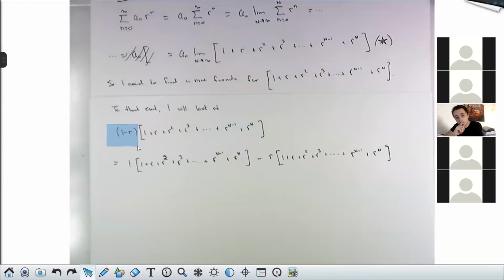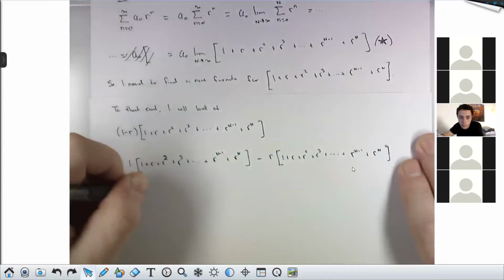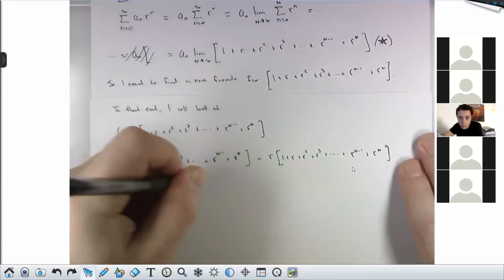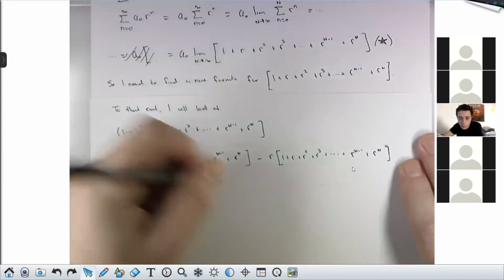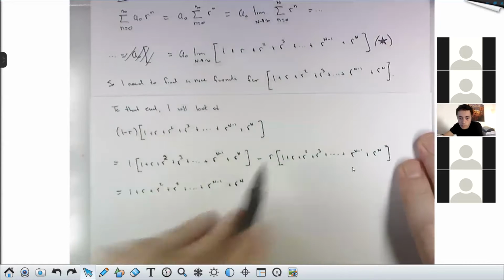So first I split this up as 1 times the bracketed expression minus r times the bracketed expression. I'm distributing this. Now within each of those, I'm going to distribute. If I distribute the 1, I just get this thing. If I distribute the r, all the powers go up by 1. So this becomes 1 plus r plus r squared plus r cubed plus dot dot dot plus r to the n minus 1 plus r to the n. And now I'm going to distribute the negative r.